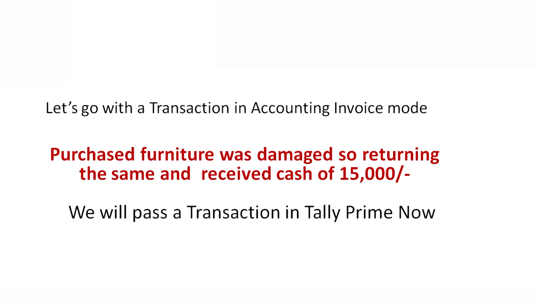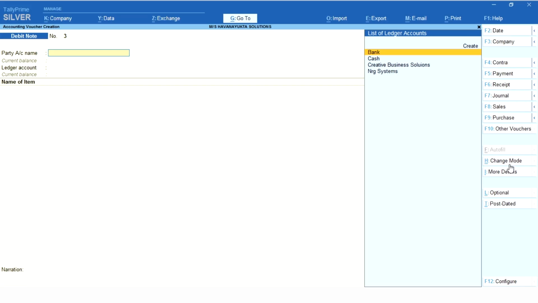So we'll see how to pass the transaction in Tally Prime. The furniture is a fixed asset we purchased in earlier days, and when we are shifting to our office, we come to know that there's damage. So immediately we are returning it.